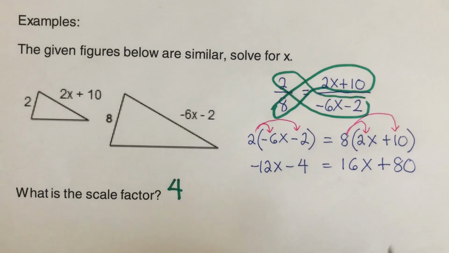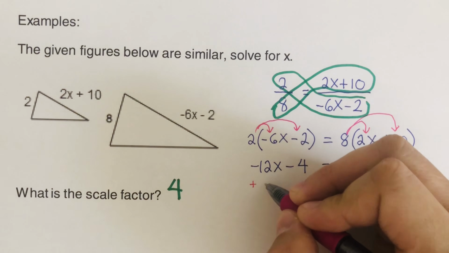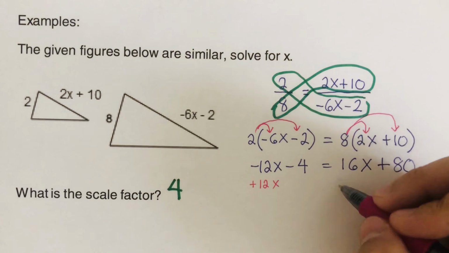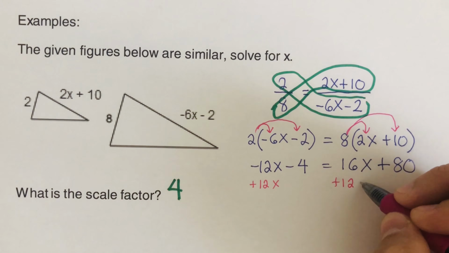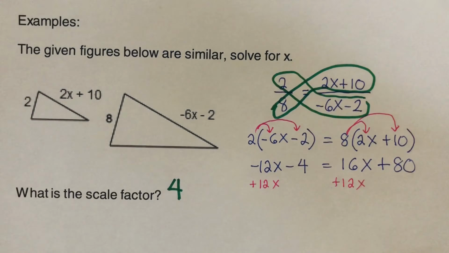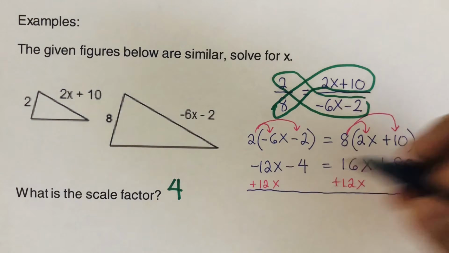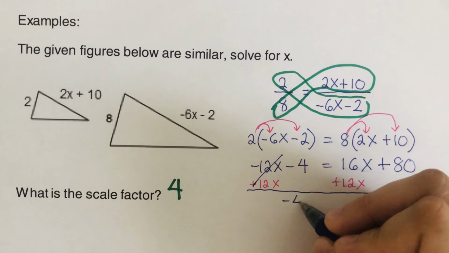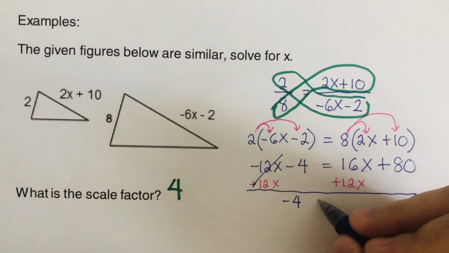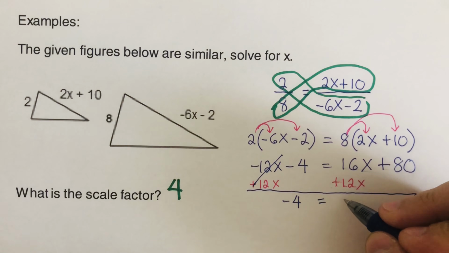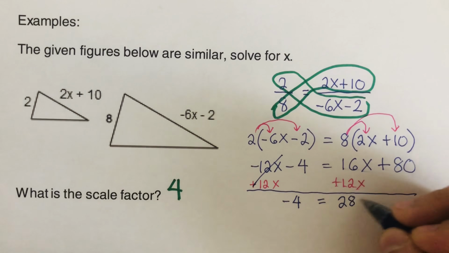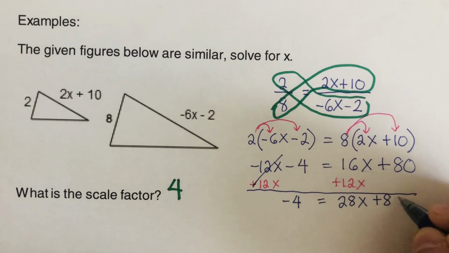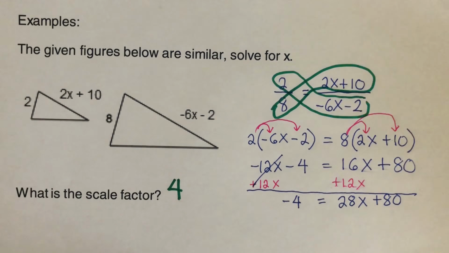Okay, so we got this equation right here. So we are going to solve for x. So I can add 12x to both sides. So this would come out negative 4 equals 28x plus 80. And then I subtract 80 from both sides.